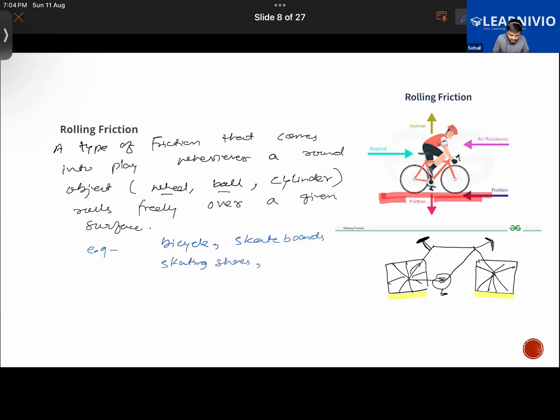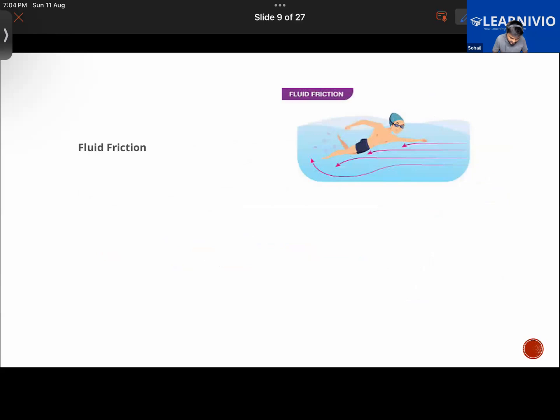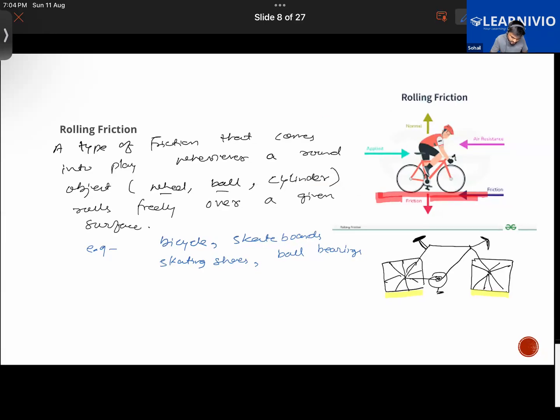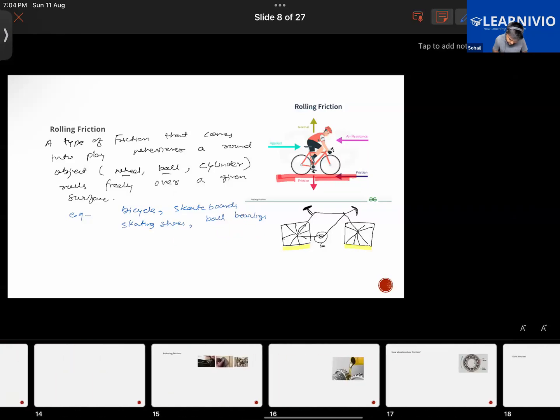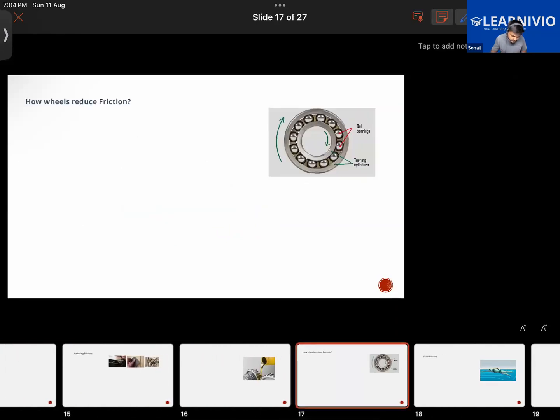Ball bearings also. I guess I had one image of that, like over here. See, the ball bearings.